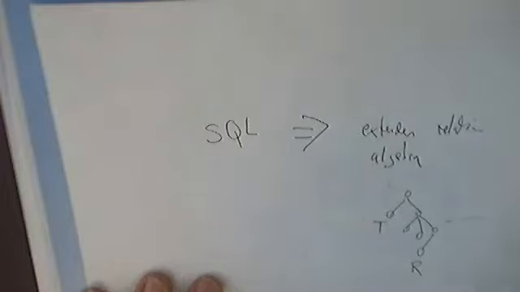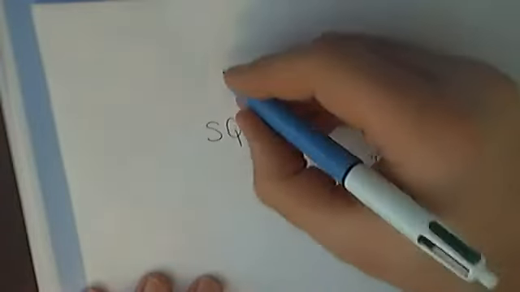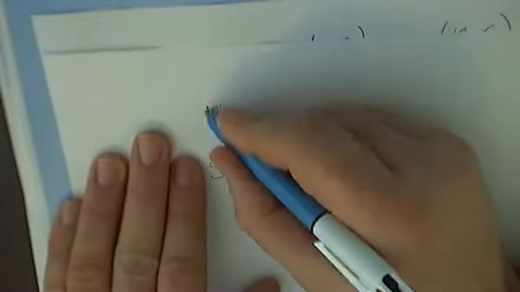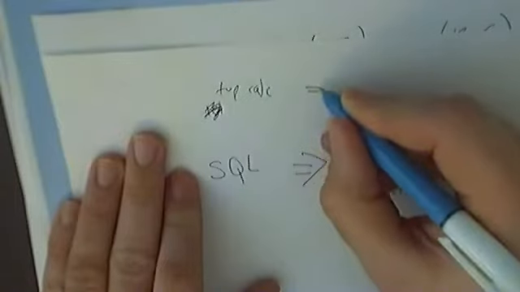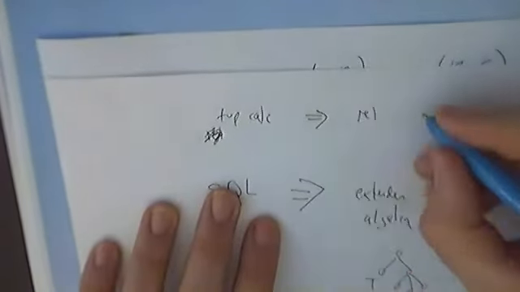Okay. So this extended relational algebra has this relationship with SQL. Just to complete the picture, this classical relational algebra and tuple calculus went to the classical set-based relational algebra.